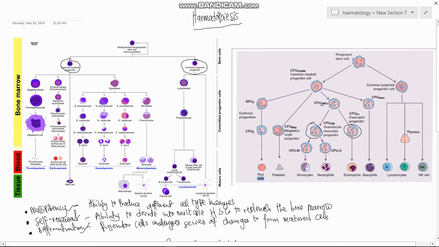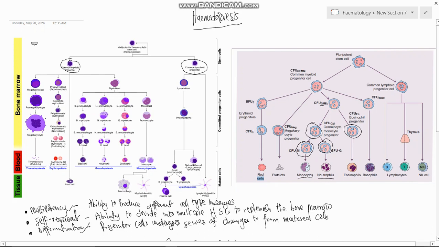So the eosinophil progenitor undergoes a series of maturation to form what we call the eosinophil, and then the granulocyte monocyte progenitor also undergoes differentiation to form another two major progenitors. That is the colony forming unit monocyte and the colony forming unit granulocyte. So these two undergo a series of differentiation to form the monocyte and the neutrophils respectively.